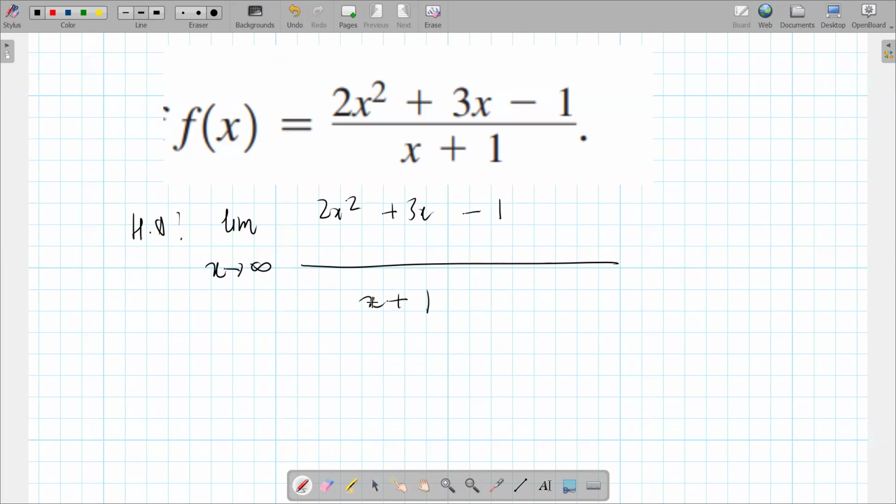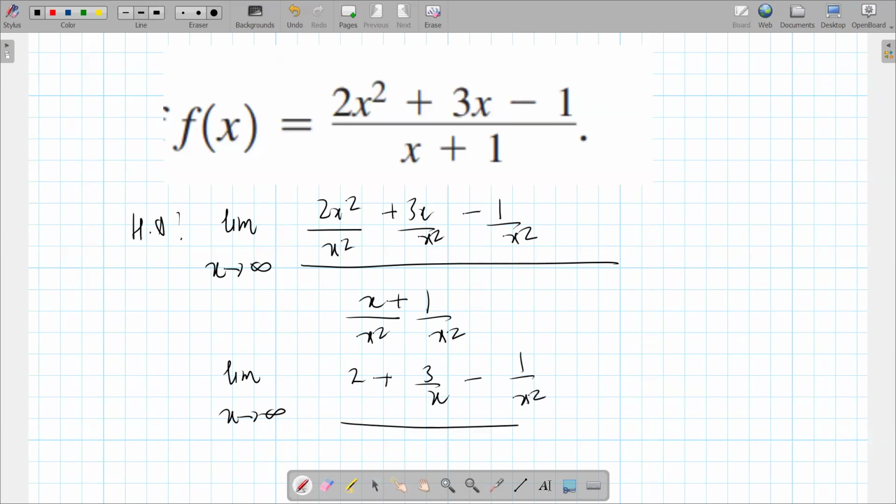You divide every term by the highest power of x. What's the highest power of x here? X squared. So we have 2x squared over x squared, 3x squared over x squared, minus 1 over x squared, x over x squared, 1 over x squared. So this gives us the limit as x approaches infinity of 2 plus 3 over x minus 1 over x squared, all over 1 over x plus 1 over x squared.